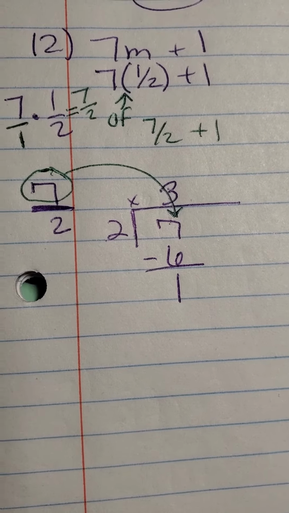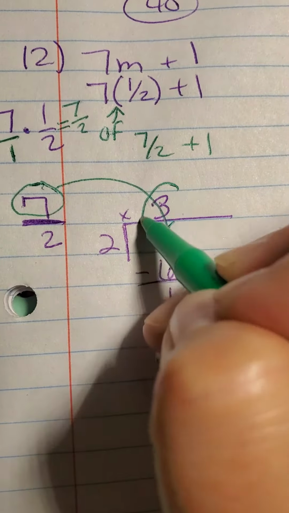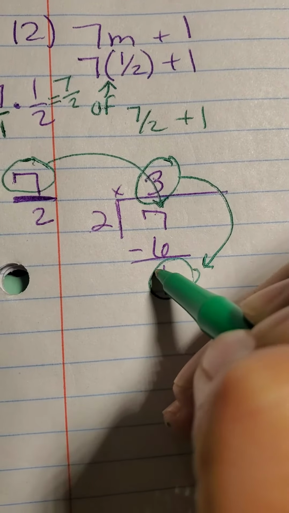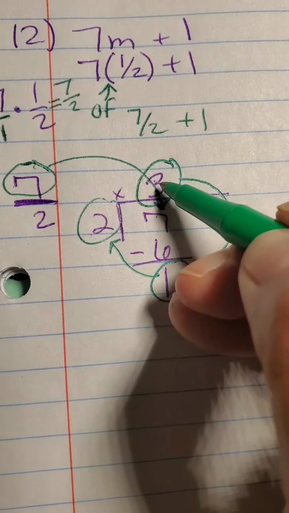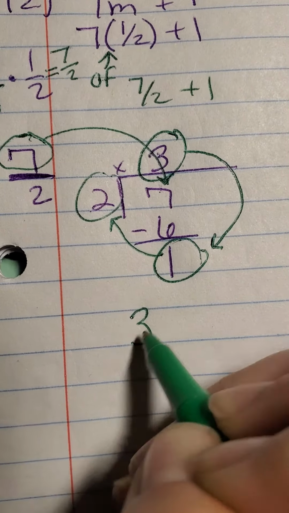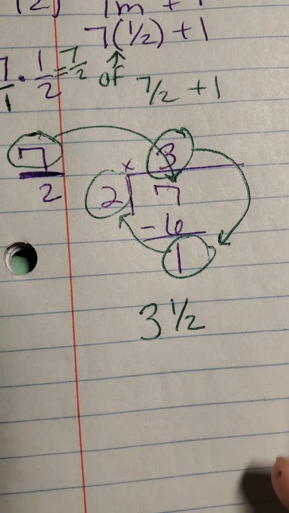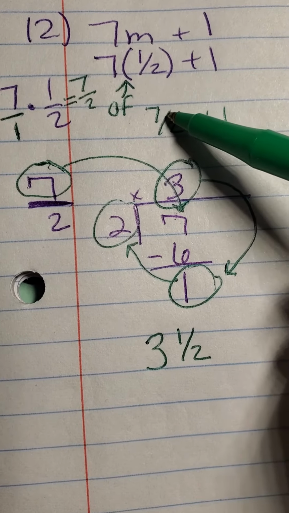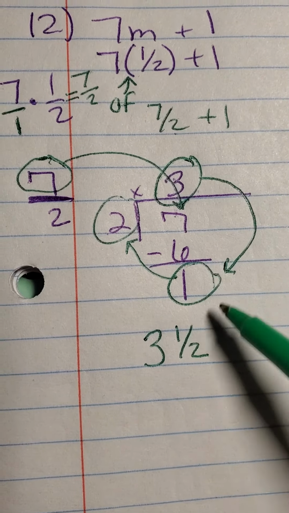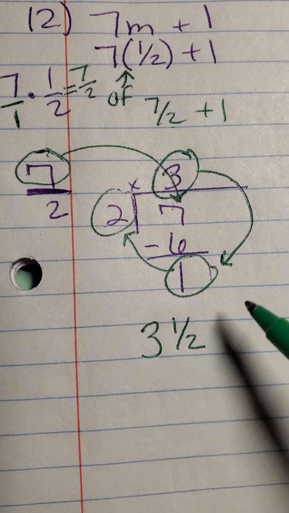I call it clockwise because you start at the top of the clock and you go around clockwise to get 3 and 1/2. 3 and 1/2. 7 divided by 2, or half of 7, is 3 1/2.